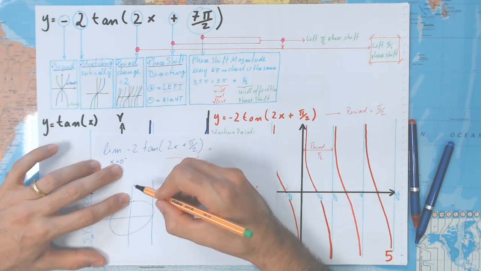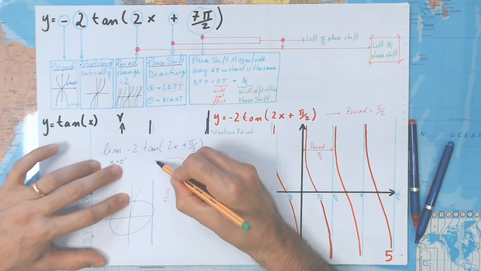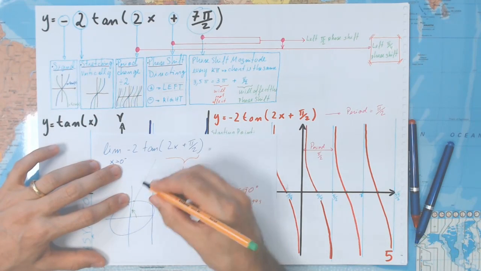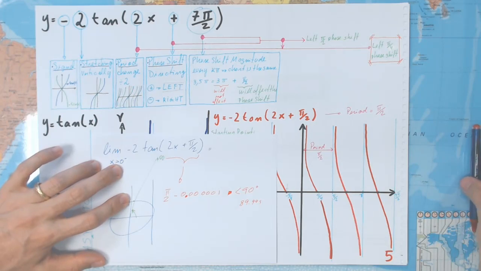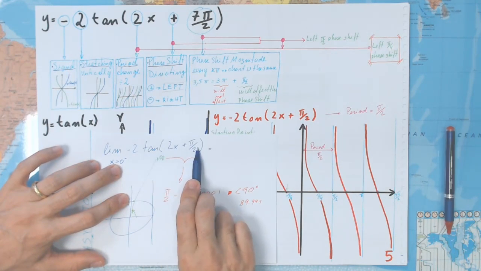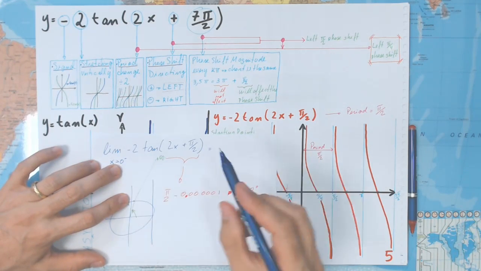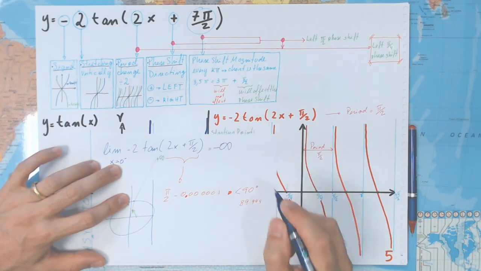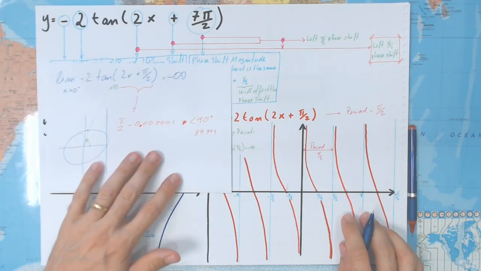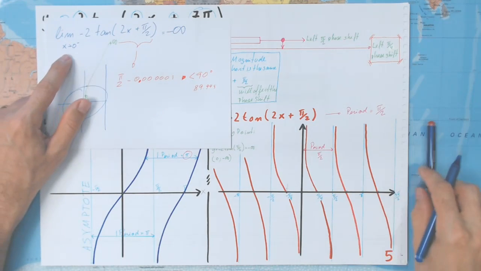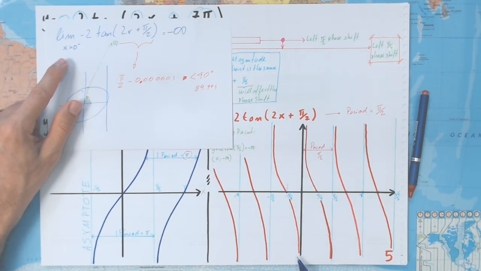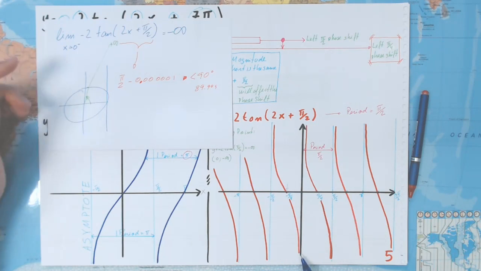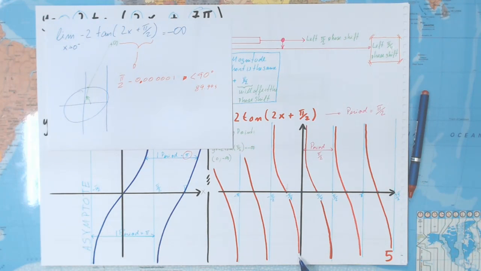And now the tangent of that angle in here is going to be plus infinite. But remember, a plus infinite in here with that negative means a negative infinite. And that is why, when x goes to 0 from the negative side, we are going to have negative infinite.